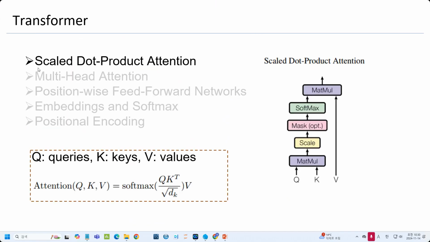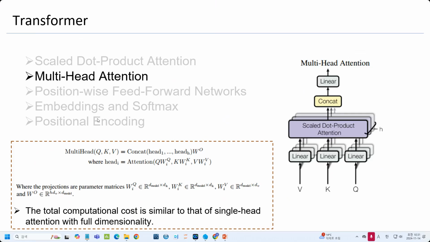For the scaled dot product, this is the formula by Vaswani. We already looked at the formula. We multiply the Q and the K, and then we do the softmax, so we do the normalization, and at the end we multiply with V. For the multi-head, because we have several attentions, we just do the concatenation.